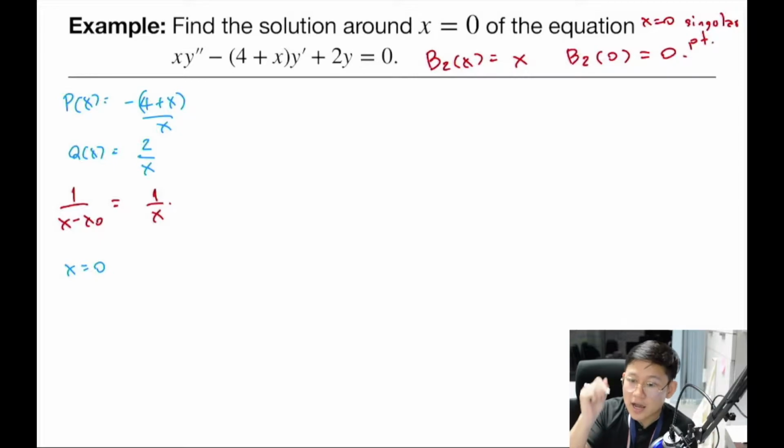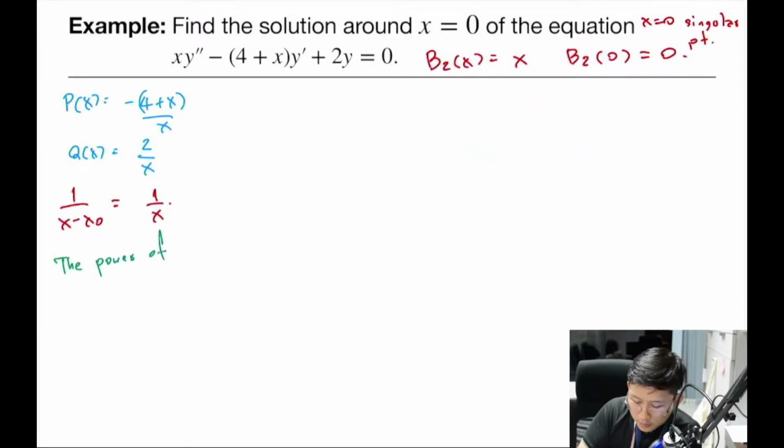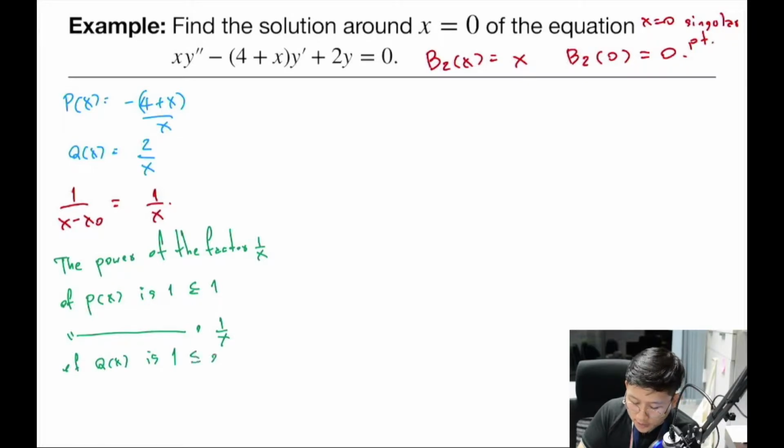You need to write that down, that the power of the factor 1 over x of p(x) is 1, which is less than or equal to 1, and the power of the factor 1 over x of q(x) is 1 as well, which is less than or equal to 1.